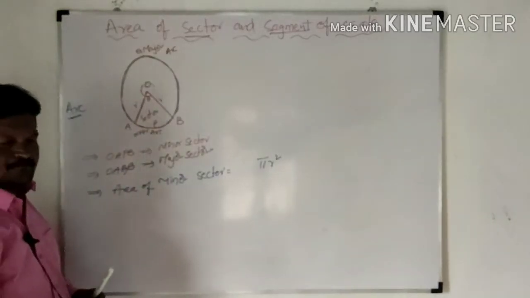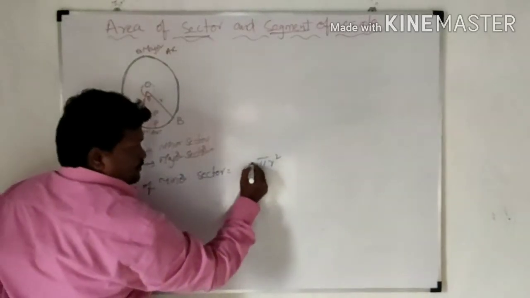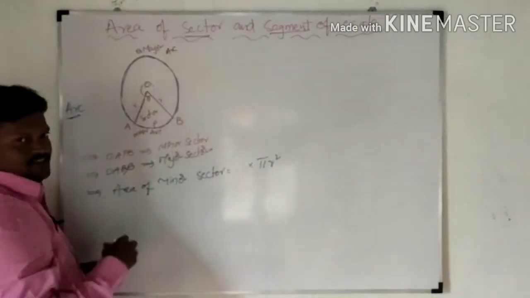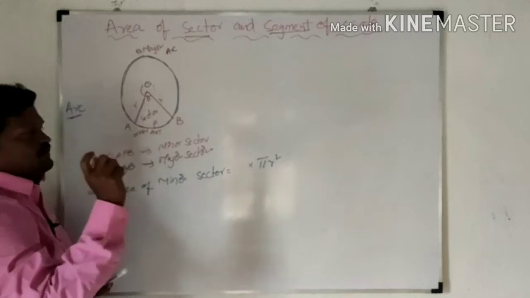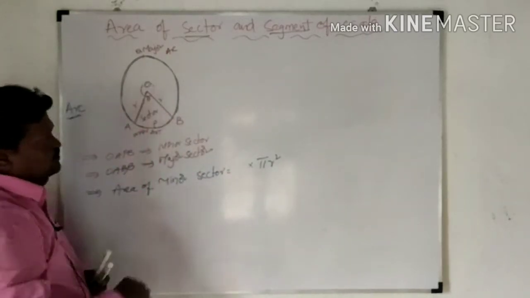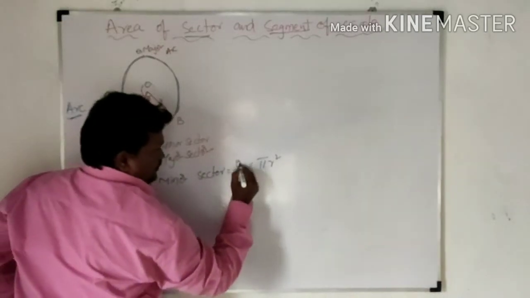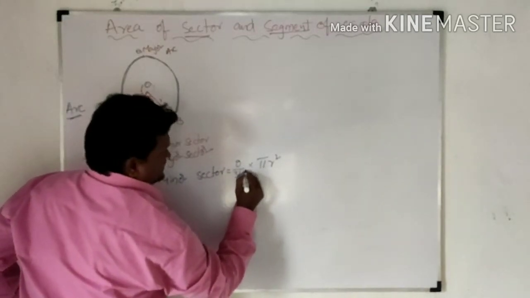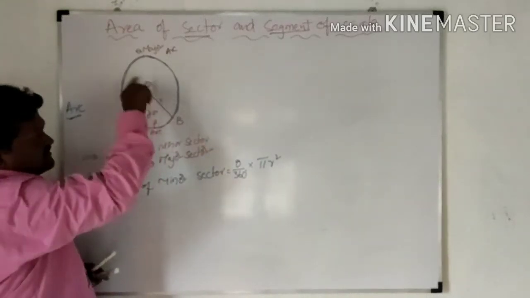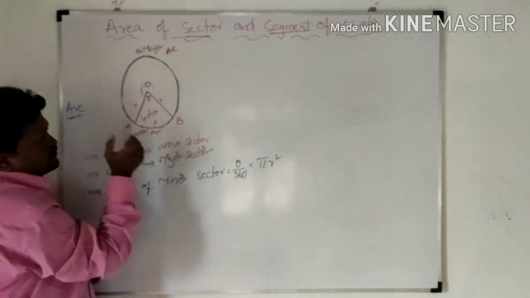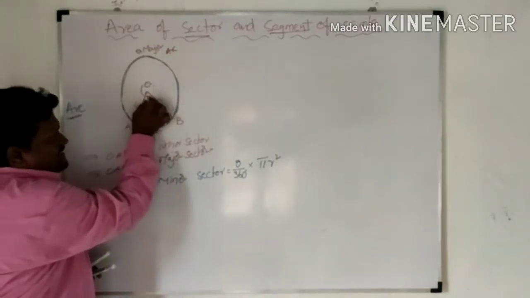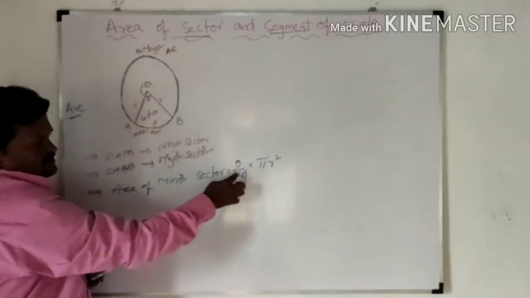Area of circle means pi r square, and it makes how much angle? In 360 degrees, theta angle. Some part of the angle is made by this arc at the center of the circle. So that is called theta by 360 degrees. Why are we calling it among 360 degrees? In the 360 degrees, the sector will take how much angle? Theta angle it is taking. That's why we are taking this angle theta by total 360.